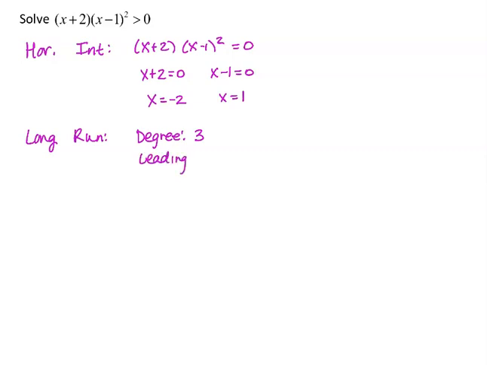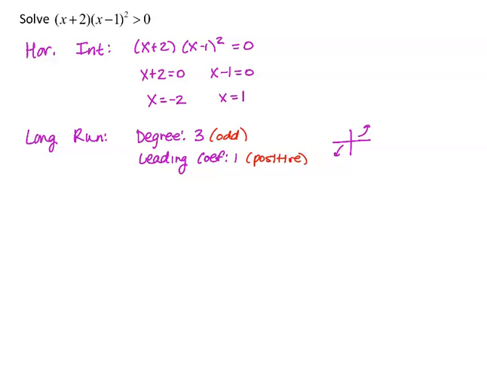And our leading coefficient here is just 1. So we have an odd degree and a positive leading coefficient. When we have odd and positive, the left tail is going to go down and the right tail is going to go up, using our rules for long-run behavior from a previous section.